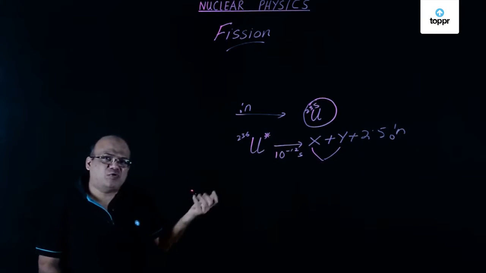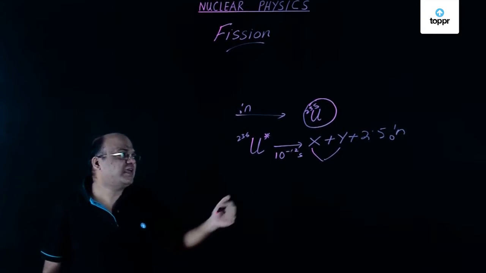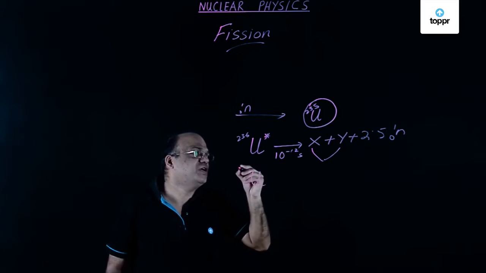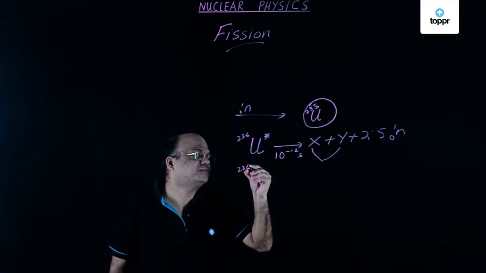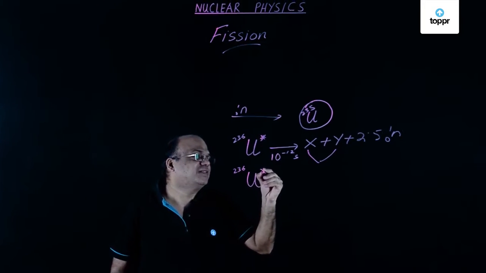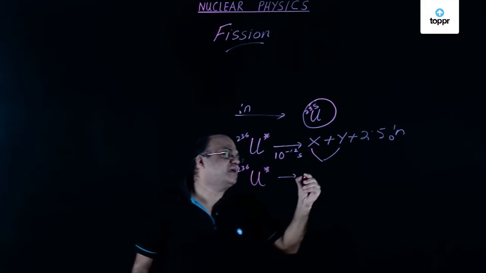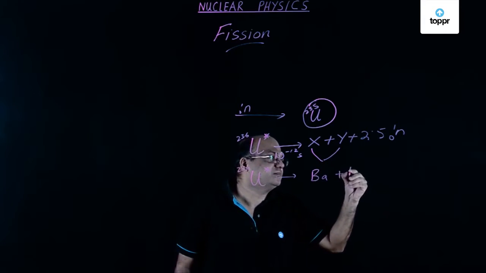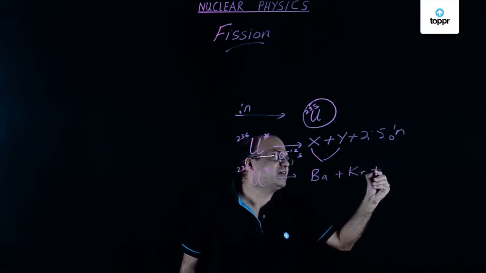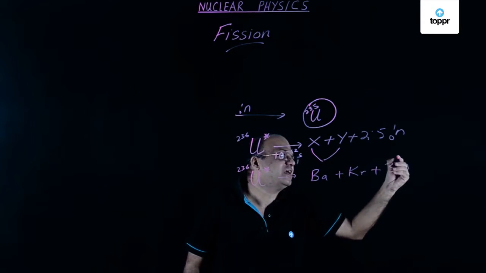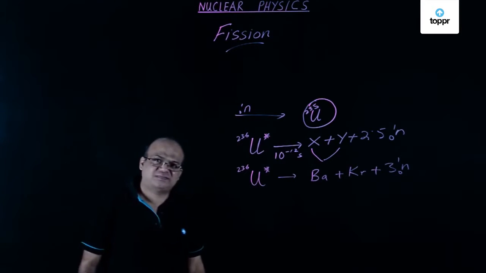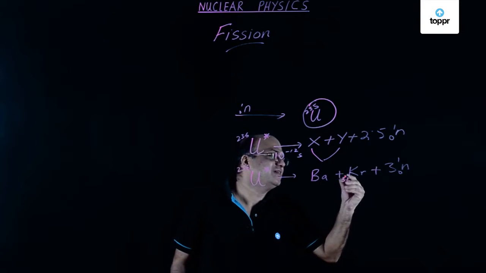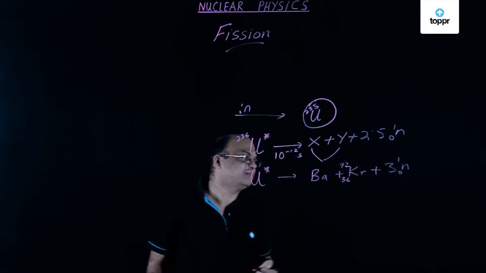One example of nuclear fission, we can take some example of X and Y. If you look at uranium-236, this can break up into barium and krypton, plus you get 3 neutrons in that particular reaction. This will be 36, 92.